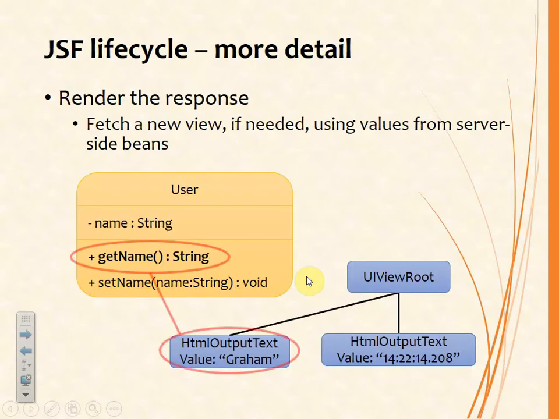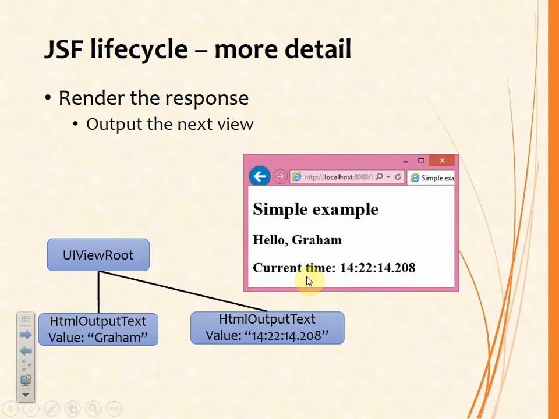And then to render the response, another component tree. Now we're going to build that component tree based upon the XHTML for that output facelet. The get methods will be called to retrieve information from the managed bean and insert them into the component tree. And then finally, that component tree with its values will be used to render that view.